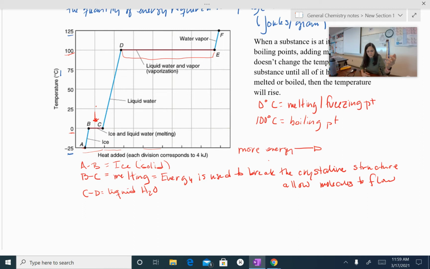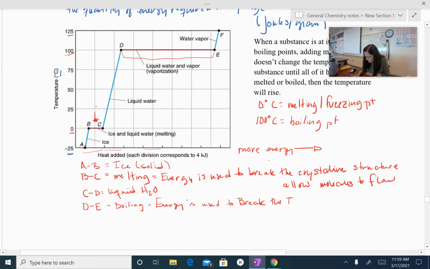So between D and E, we are boiling, and the energy is used not to raise the temperature, but to break the intermolecular forces. I'm going to shorten intermolecular forces to IMF. So the energy is used to break the IMF so the molecules can escape and vaporize.